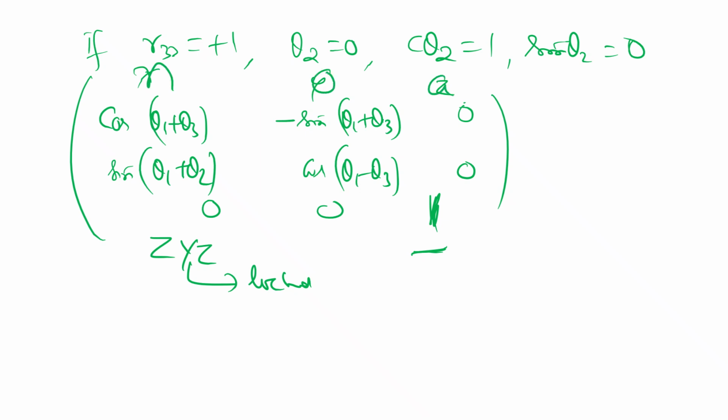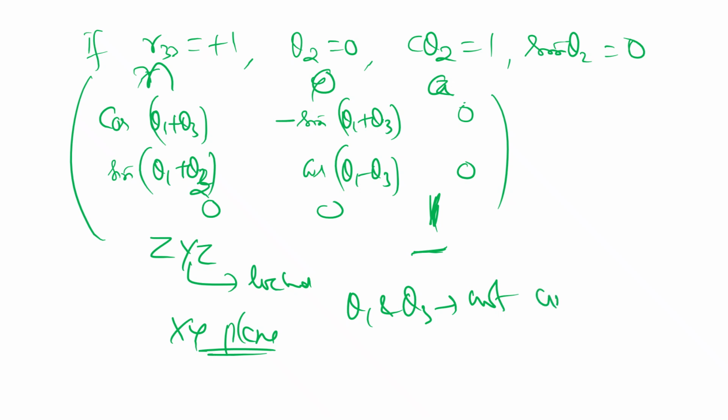So here you have only the XY plane, and then this one is theta 3. So theta 1 and theta 3 are not unique. Then theta 2, the Y axis, is aligned with the Z axis.